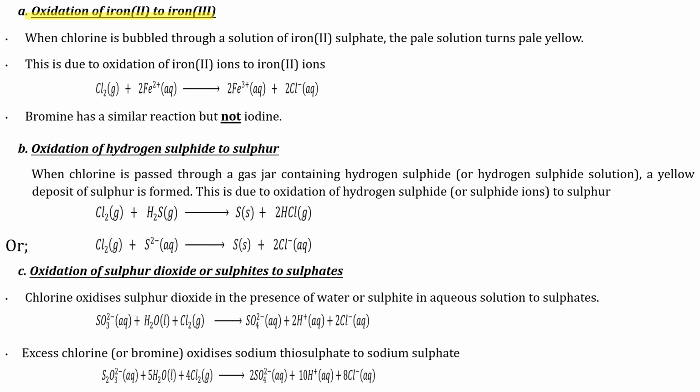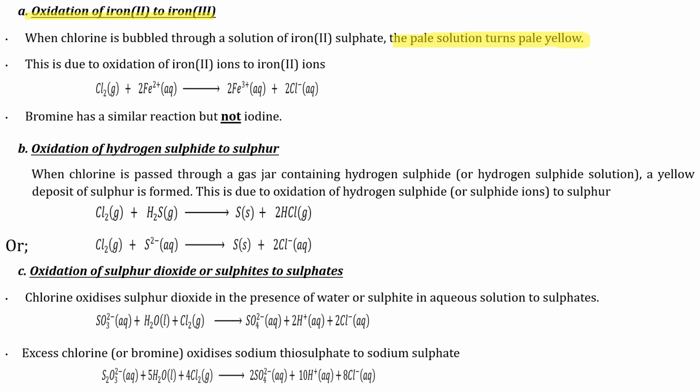That's why we are saying that when chlorine is bubbled into a solution of iron 2 sulfate, the pale solution. Now notice that this is where the question starts from. Part A is going to tell you, state your observation. You can't tell us you formed any compound. What observations about colors? I told you to begin from the initial color you are seeing.